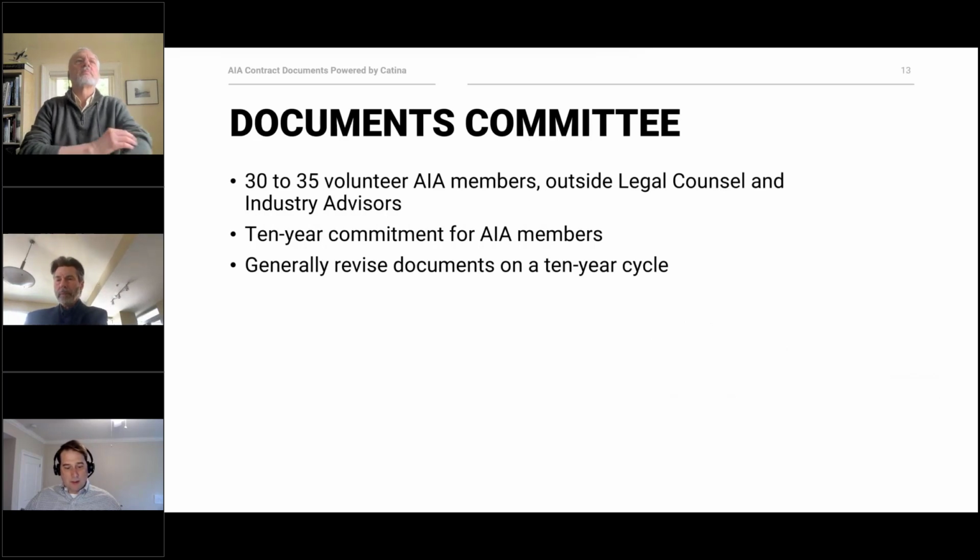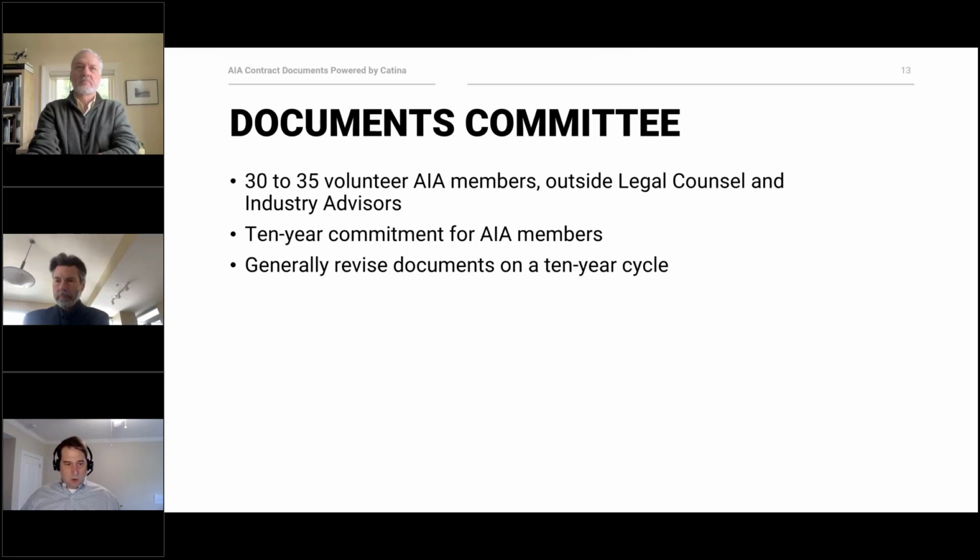But saving the best for last, the AIA Documents Committee throughout the course of the program has been the core drafters of the documents. The Documents Committee itself is comprised of 30 to 35 volunteer AIA members, all of whom are practicing architects. They don't all work at architecture firms. We try to get diversity of opinions amongst the committee.